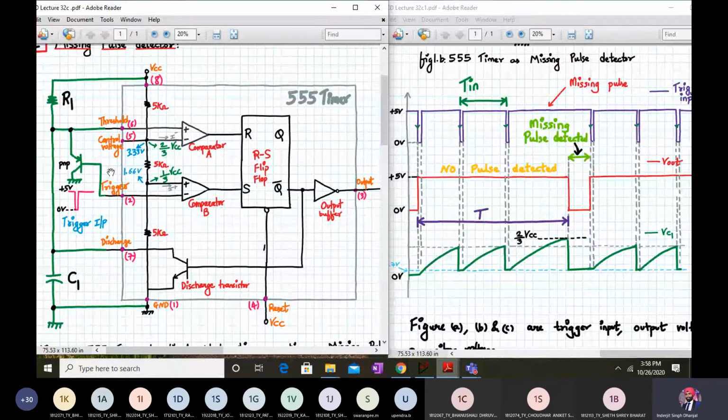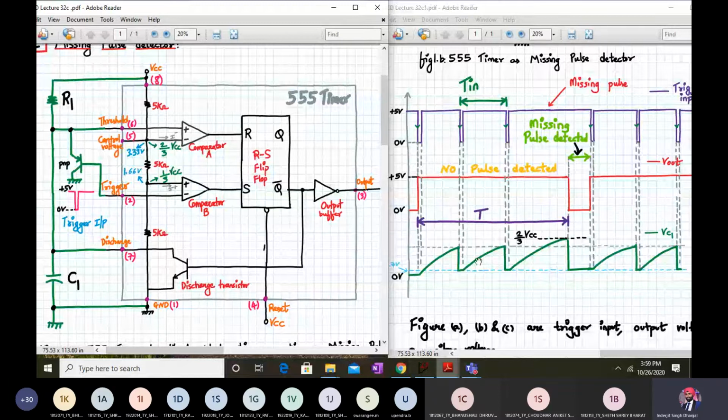So comparator B output will again be low, and the comparator A output will depend upon the capacitor voltage. Now the capacitor starts charging from 0.7 volts. It's not charging from 0 again. I hope this point is clear. It starts charging from 0.7 volts, and it should go towards 2/3 VCC or VCC.